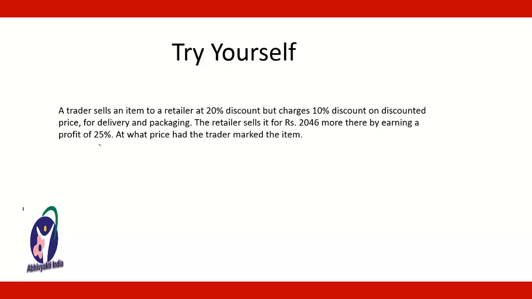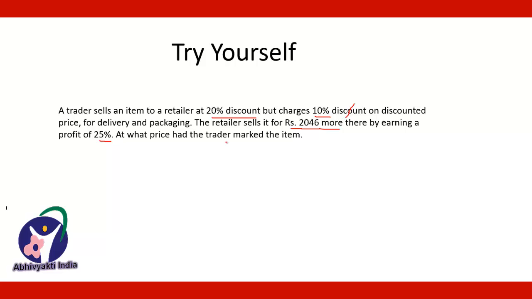The question from profit and loss: a trader sells an item to a retailer at 20% discount but charges 10% on discounted price for delivery and packaging. The retailer sells it for rupees 2046 more, earning a profit of 25%.